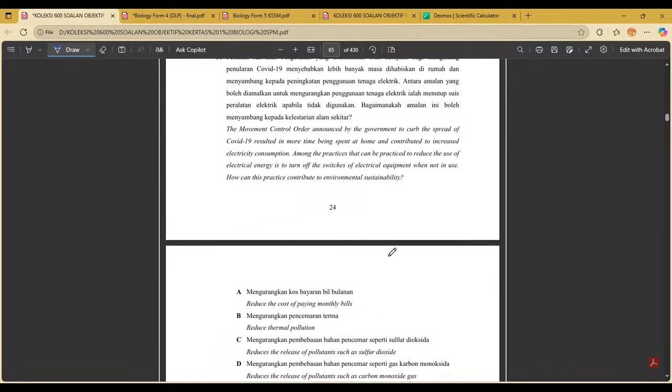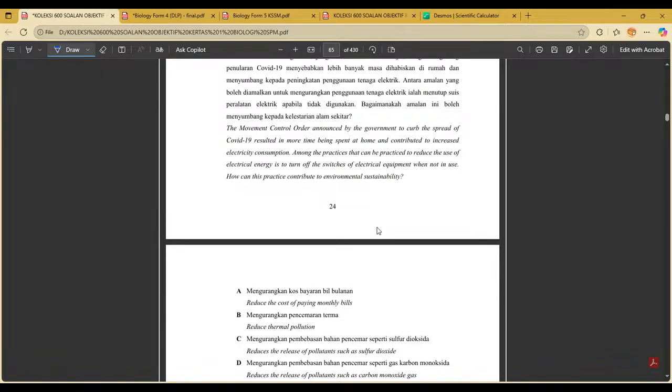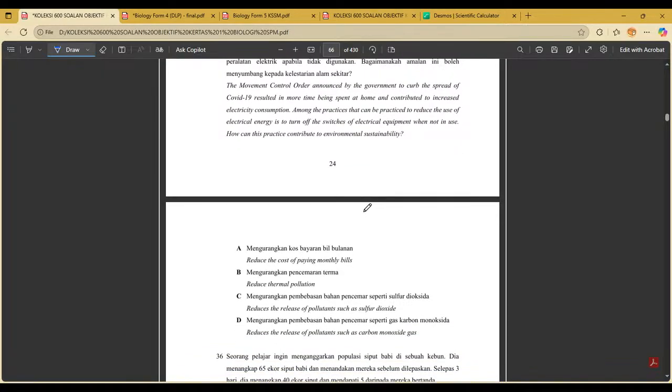Movement control order announced by the government to curb the spread of COVID-19 resulted in more time being spent at home and contributed to increased energy consumption. Among the practices to reduce the use of electrical energy is to turn off the switches of electrical equipment while not in use. How can this practice contribute to environmental sustainability?